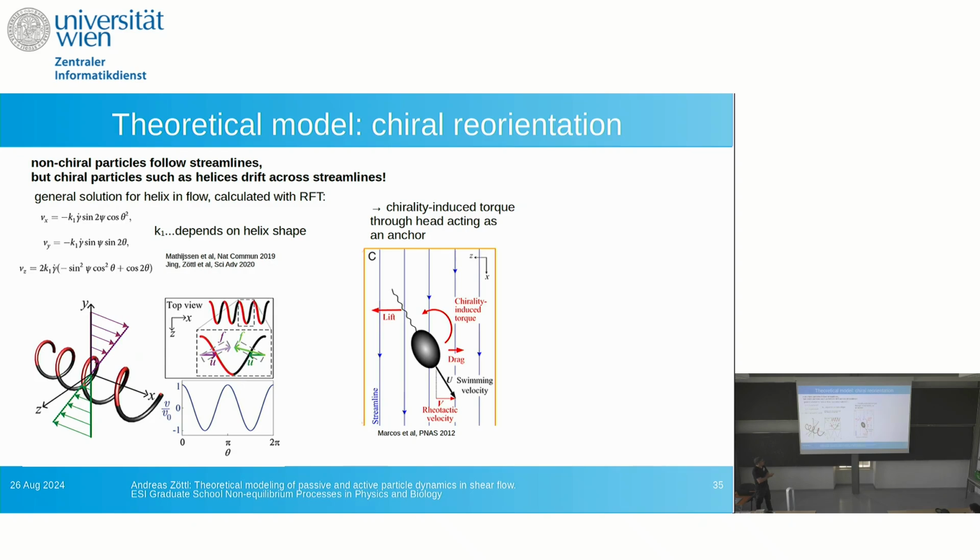But the head is non-chiral, so this induces a chirality-induced torque and an effective so-called rheotactic velocity of a chiral bacterium in a specific direction. And we know that elongated particles, like bacteria, have a higher probability to be aligned with the flow. So they have this configuration where they're more or less aligned, and the lift goes in this direction, and then there is this reorientation, and the bacterium goes in the opposite direction from where the passive helix would like to go. Yes?